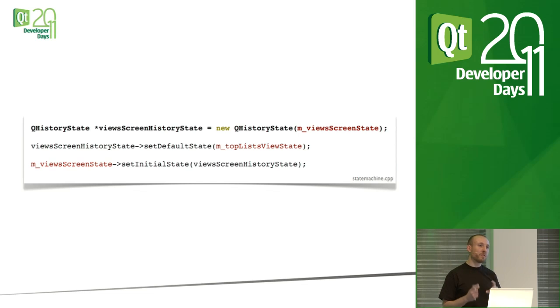That will take you to the player screen, which is a different state on a different level. You would, however, expect that when you navigate back to the view with all the track lists, that the same tab is active. You do that by having a history state that will remember the state of the internal state, the substates of the view screen.